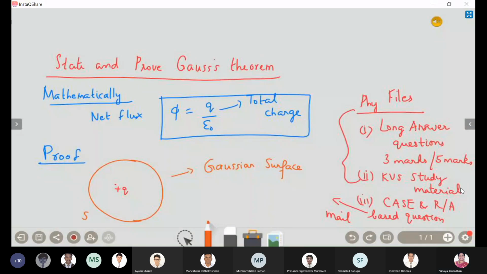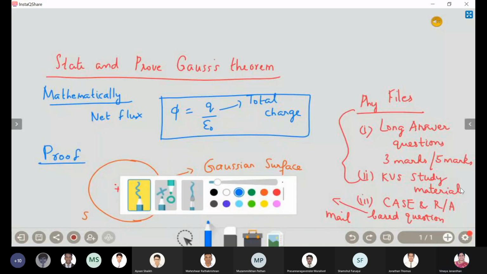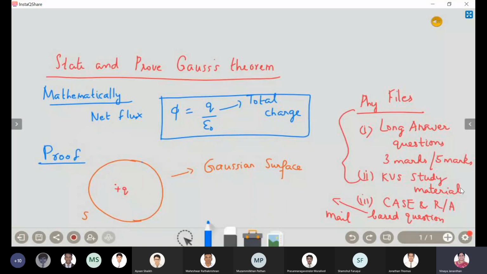Electric field at any point on the sphere.